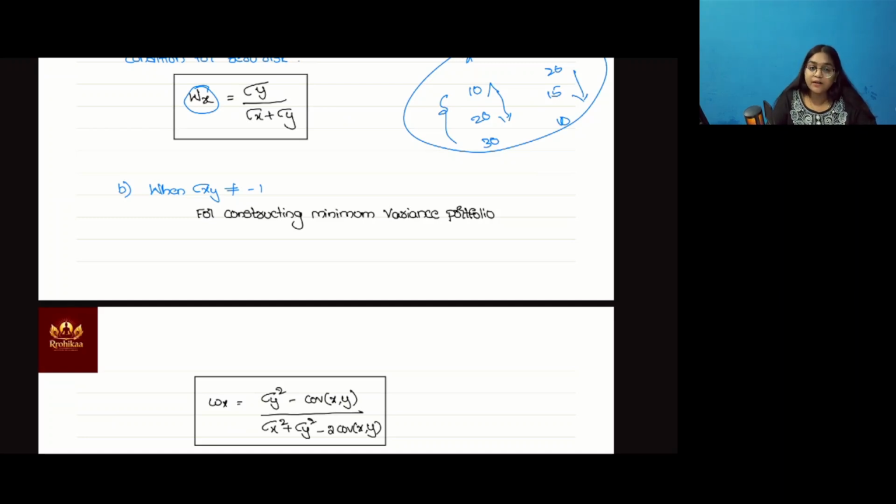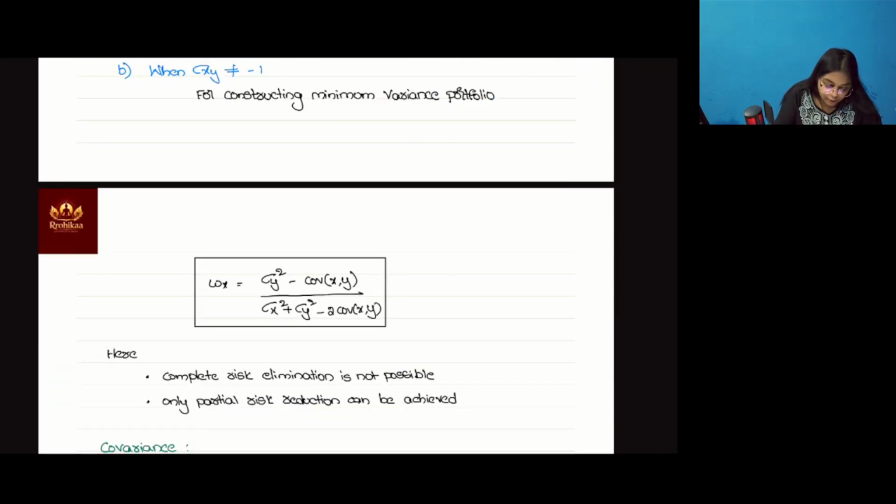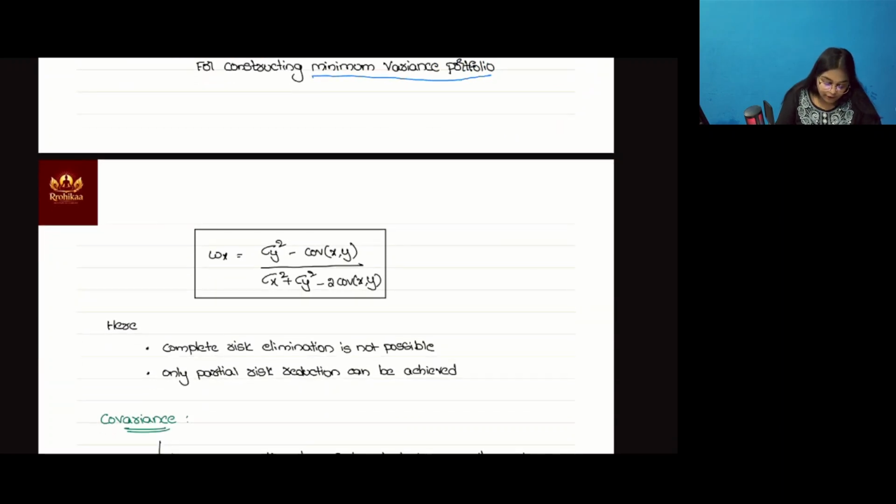Only we can make the risk to a minimum level. So to construct the minimum variance portfolio, weight of X equals sigma Y square minus covariance of X comma Y by sigma X square plus sigma Y square minus 2 covariance of X comma Y.